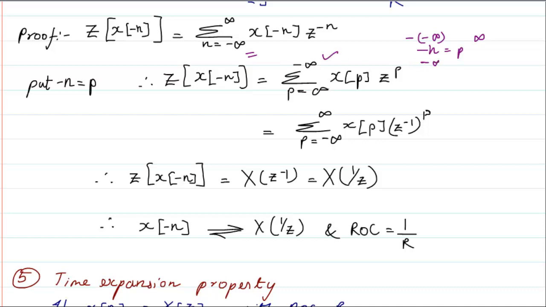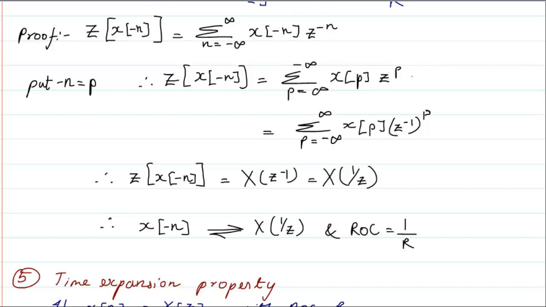The limit has gone from infinity to minus infinity. Instead of minus n, I have replaced it with p, and here also instead of minus n, I have replaced it with p. Okay, now what is to be noted here is that in this particular equation, it has to be z raised to power minus something, isn't it?